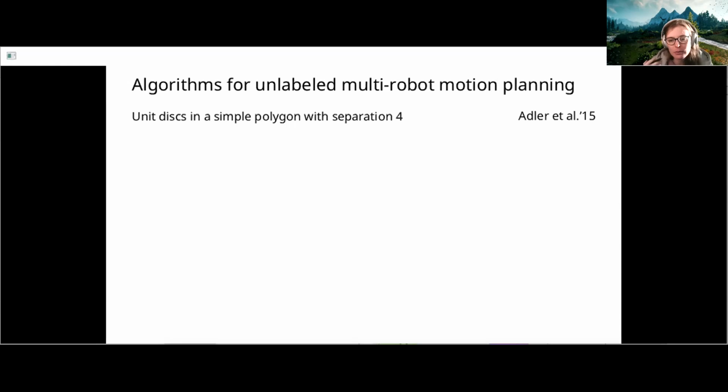If we make an assumption that the starting positions and the end positions of the robots are well separated, for unit disks where the radius is 1 unit and the separation is 4 between the centers of the robots, then there always exists a solution to reconfigure robots from starting positions to the final positions in a simple polygon.